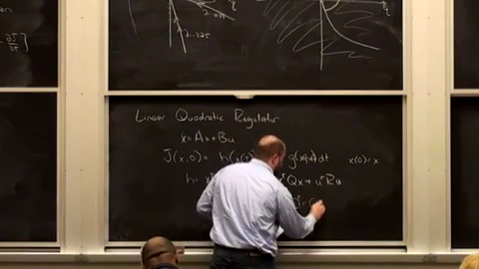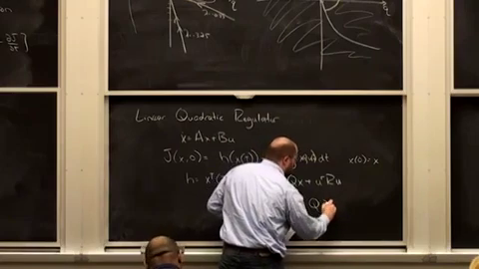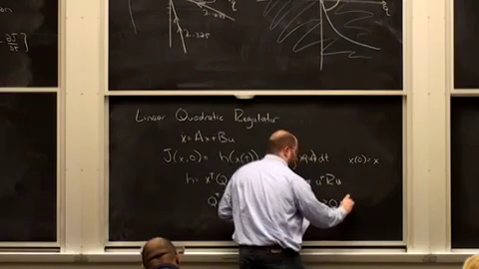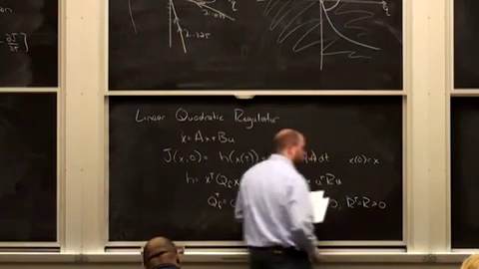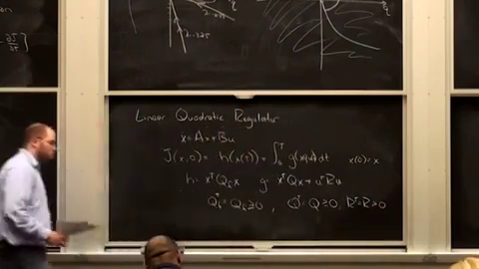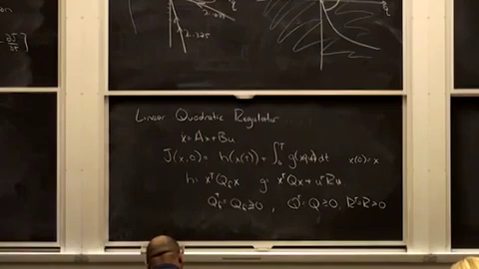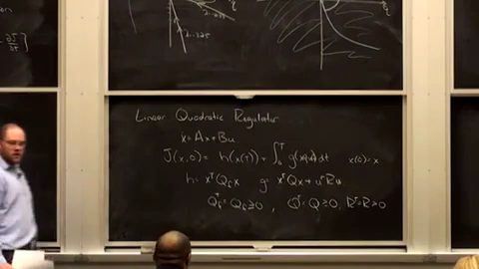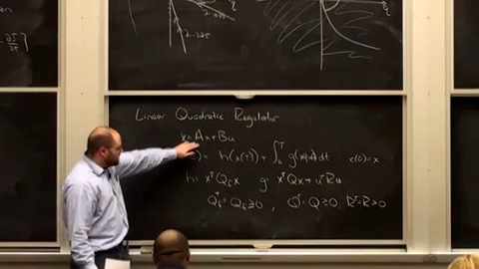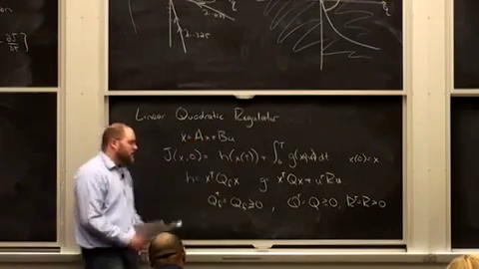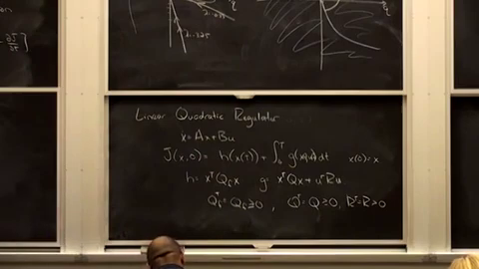Q transpose equals Q, greater than or equal to 0. And R transpose equals R. That one does have to be positive definite. Okay, here's a pretty general linear dynamical system, quadratic regulator cost.